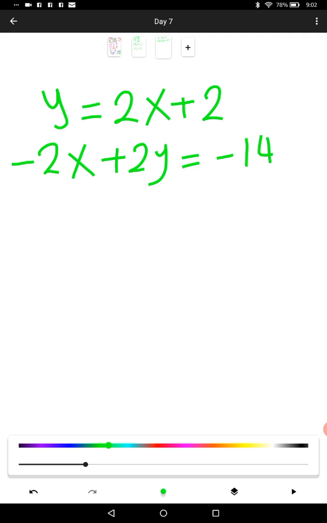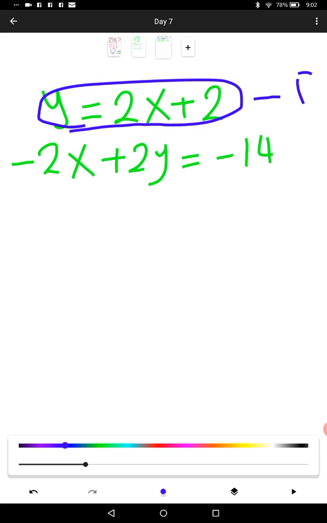We will solve this system of equations by substitution also, okay? This time I see that the first one is clear that y equals something. We can substitute for y. We can use the first equation and substitute for y in the second equation.